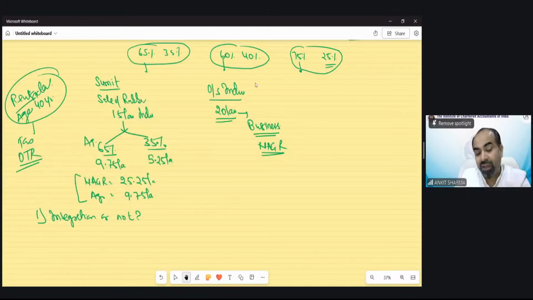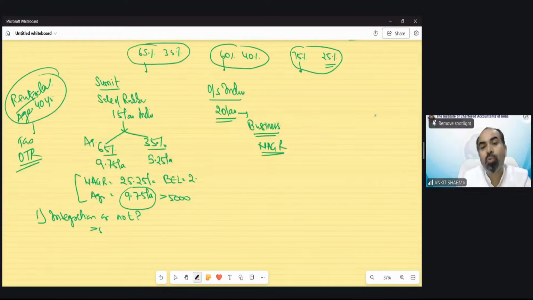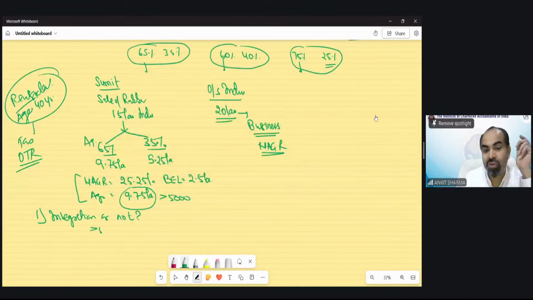Agricultural income is exceeding 5,000 rupees. It is, you can see, 9.75 lakh. And non-agriculture income exceeds the basic exemption limit. What basic exemption limit is applicable? 2.5 lakh in this case. So if the question asks you to calculate the tax, then you can see that the integration provision is applicable.